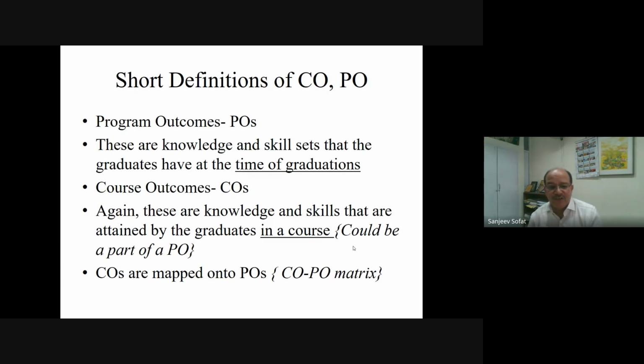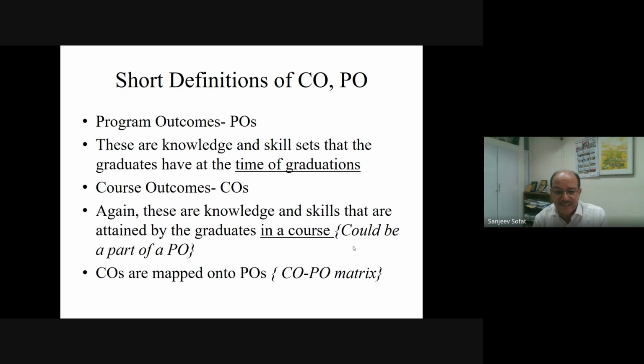What we have are course outcomes. Let's say the moment I say algorithm course, what I expect from you is that you should be able to design some algorithms. That is the outcome which I expect. Maybe another is that you should know what sort of structures there are for the algorithm.